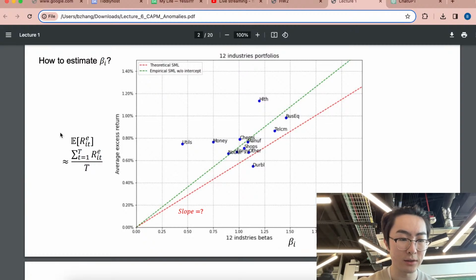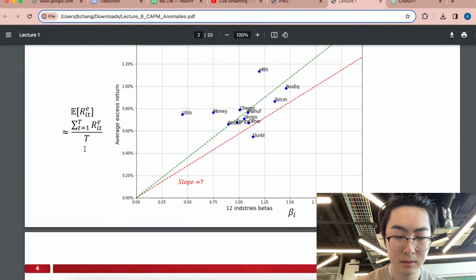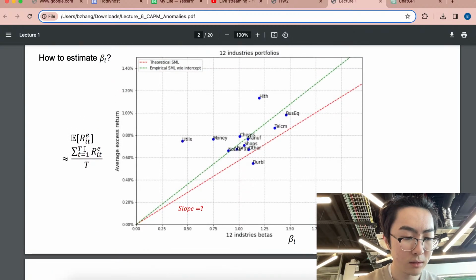So he also has this. So he has the expected return divided by t.